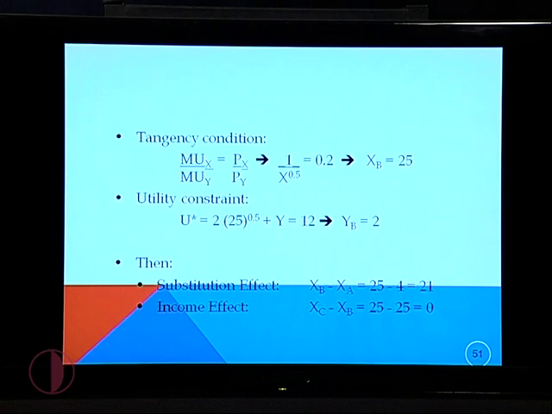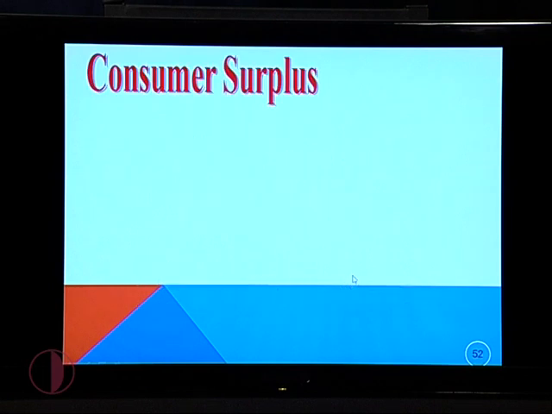From the tangency condition, as you are observing from this equation, we estimate XP as 25. The substitution effect is calculated as XP minus XA, 25 minus 4, which is 21, and XC minus XP, 25 minus 25, is 0. So the income effect is 0 and the substitution effect is 21.